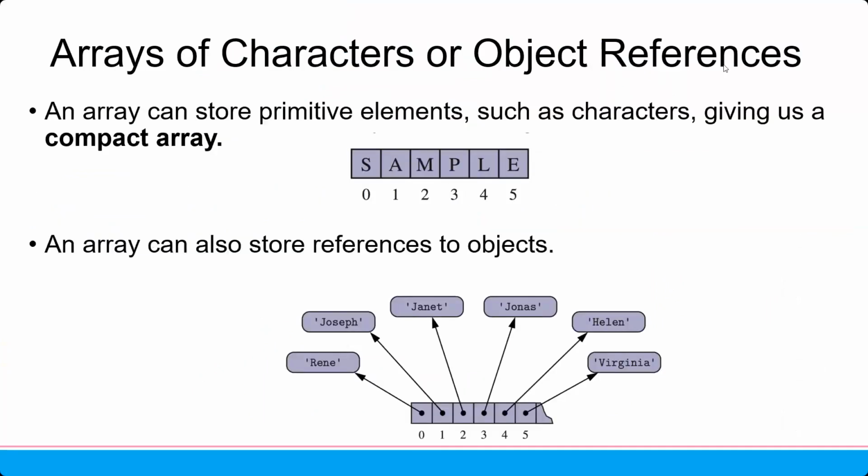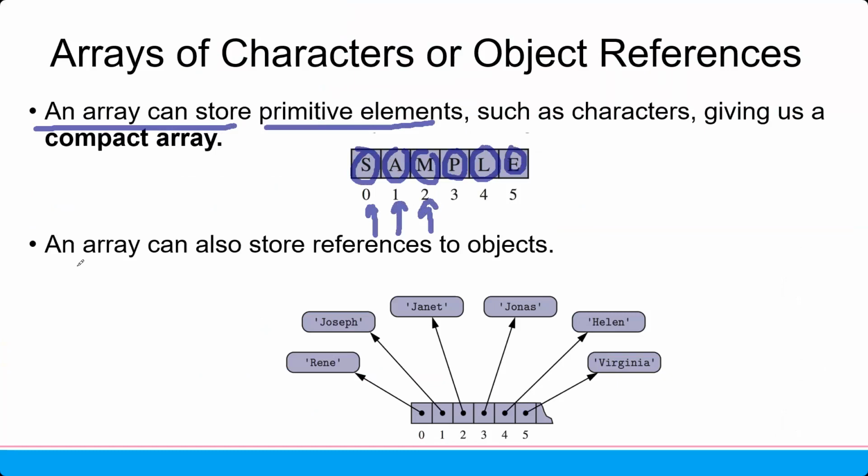When we deal with objects, we can also store objects. What does it mean by object? First, an array can store primitive elements. A primitive element is just a character, for example S, A, M, P, L, E. Every character is in one index.